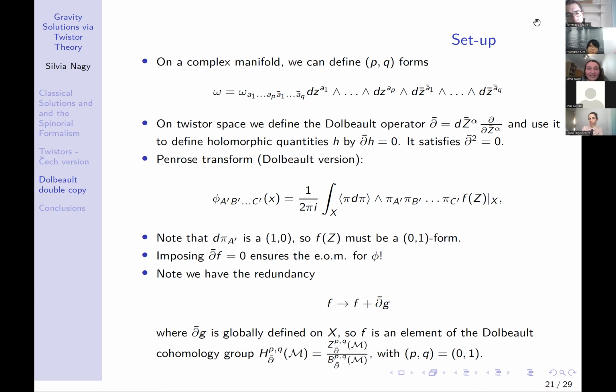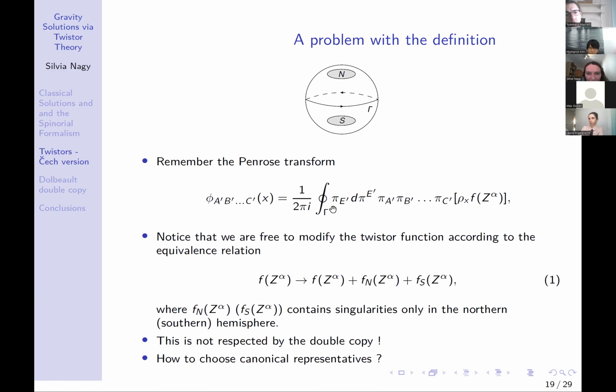Good. So now in this formulation, the Dolbeault version, the Penrose transform I was showing you earlier can be reformulated. And you see, it looks very, very similar. There are just some subtle differences. On the left-hand side, I still have the space-time field of spin n/2, as I had before. The first difference is that, remember, before I was integrating over a contour gamma on the Riemann sphere.